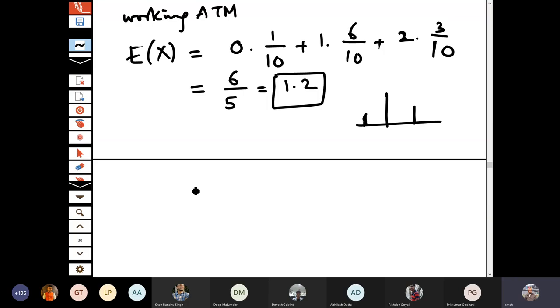So if I put it like this, 0, 1, 2, and suppose this is a weightless string connected to 2 points A and B, and these are the weights. So where is the point of equilibrium or the balance point? Then it is coming here, 1.2. Okay, at this point there is a balance.